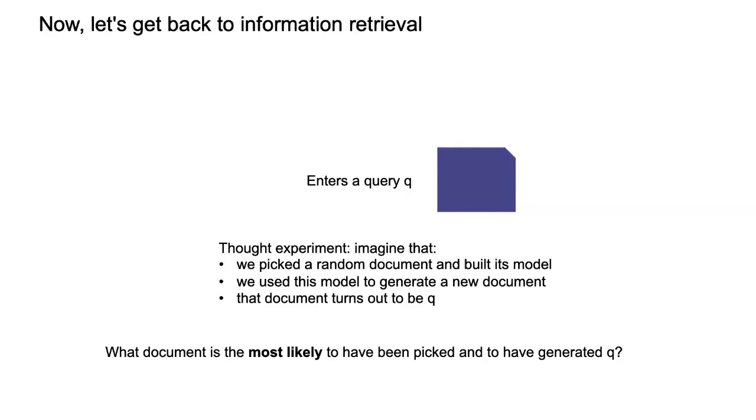Who understands that thought experiment? It's a little bit like the weather and the umbrella, right? I tell you, by chance, today I have my umbrella. So what are the odds that it's raining? It's the same here. I'm telling you, by chance, they generated query Q. What are the odds? What is the most likely document that they actually picked that by chance produced query Q?